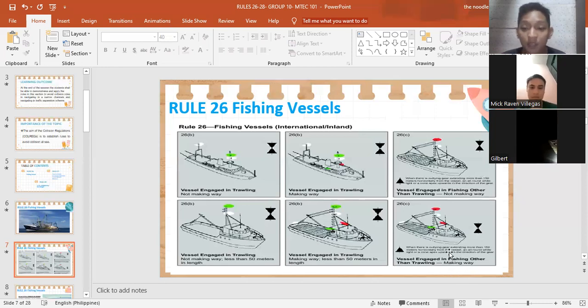The next one is a vessel engaged in fishing other than trawling. It is making way because it has sidelights. Apart from this, it also has a stern light, which is white.